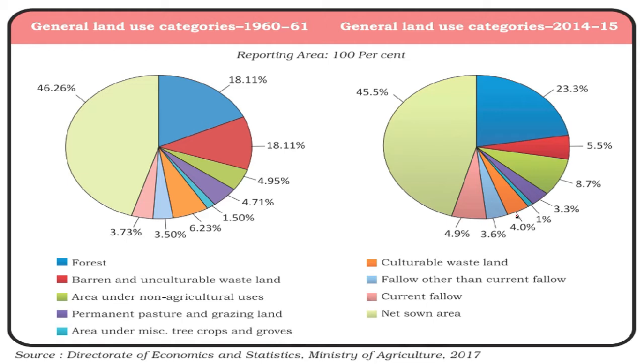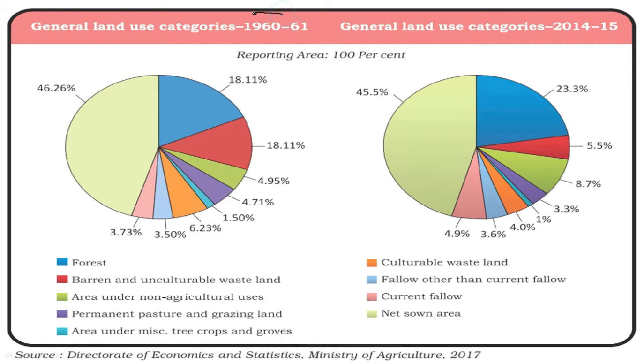Now students, you can see two pie charts here. Both the pie charts are related to the land use pattern of India or the general land use categories. What is the important thing here in decoding and learning this pie chart?